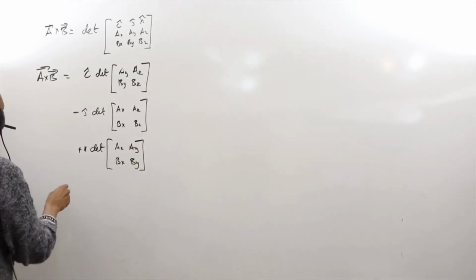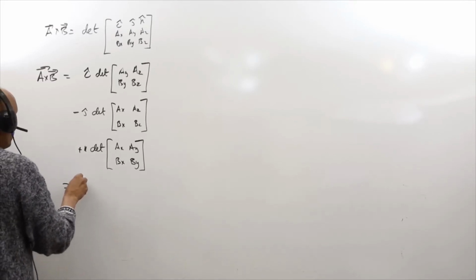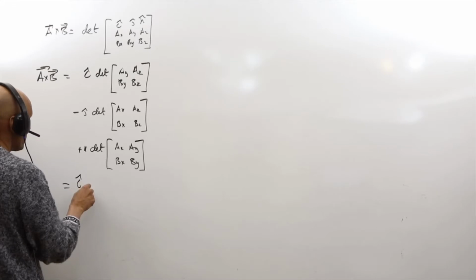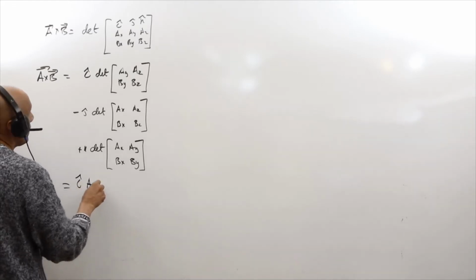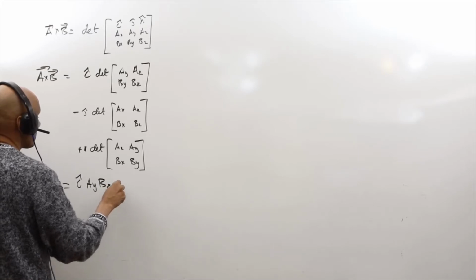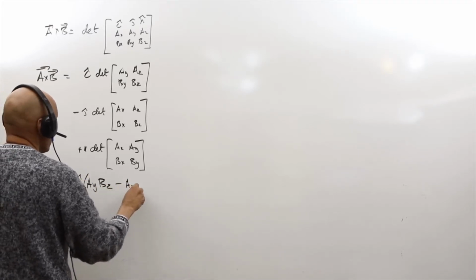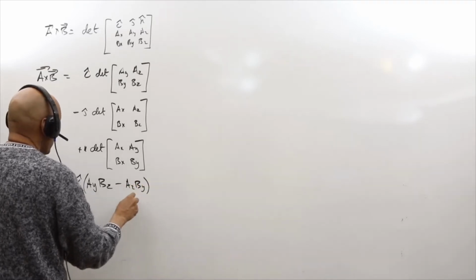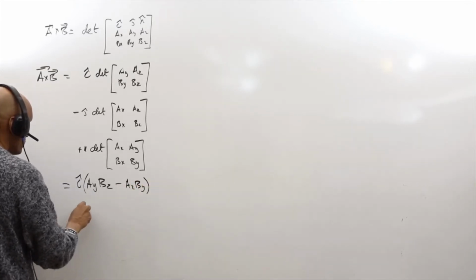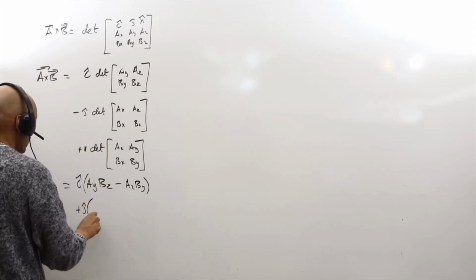So we can expand this into the i vector, which is Ay Bz minus Az By, plus j vector. I'll put a plus now and do it in reverse order.